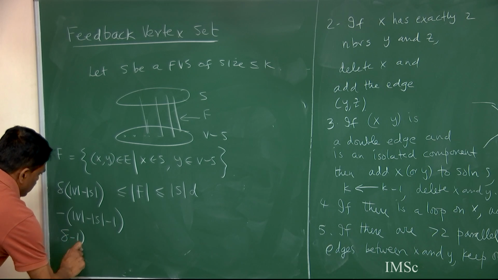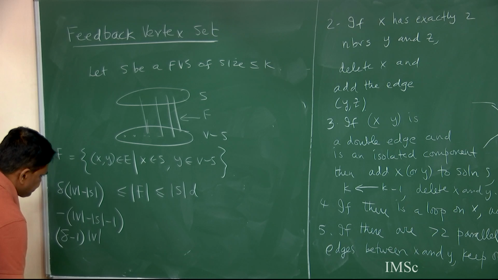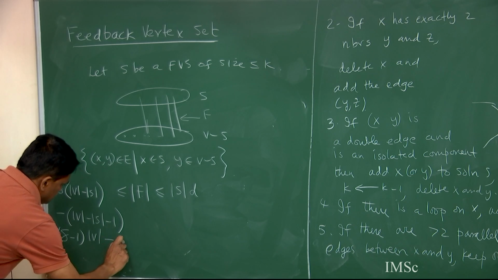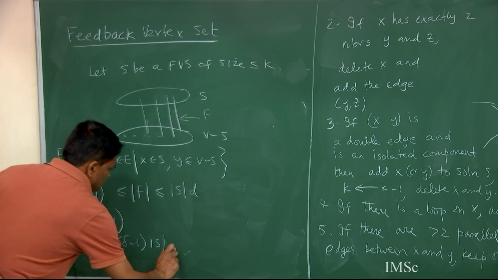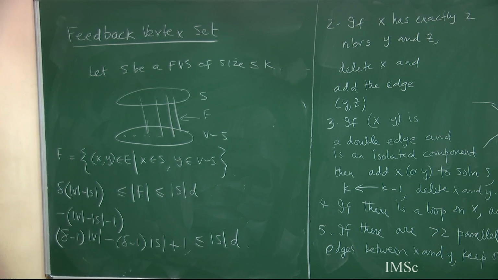Delta minus 1 into |V| plus 1 is greater than or equal to the size of S times d. Is it correct?